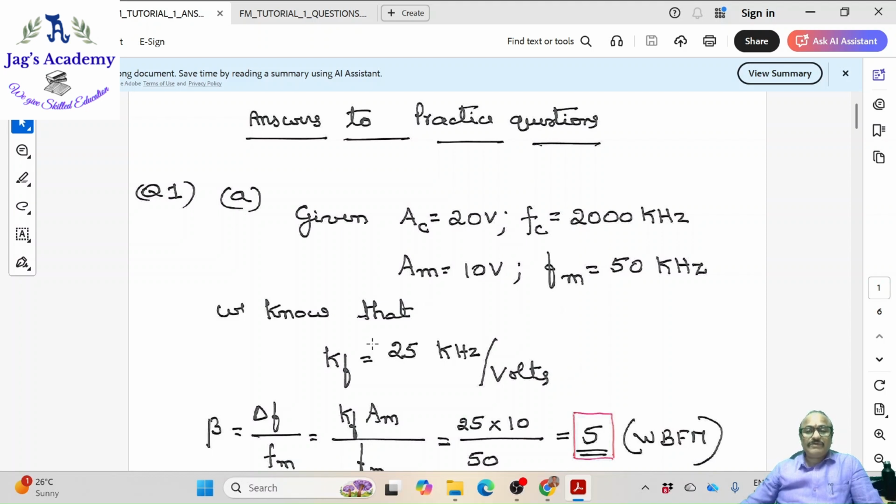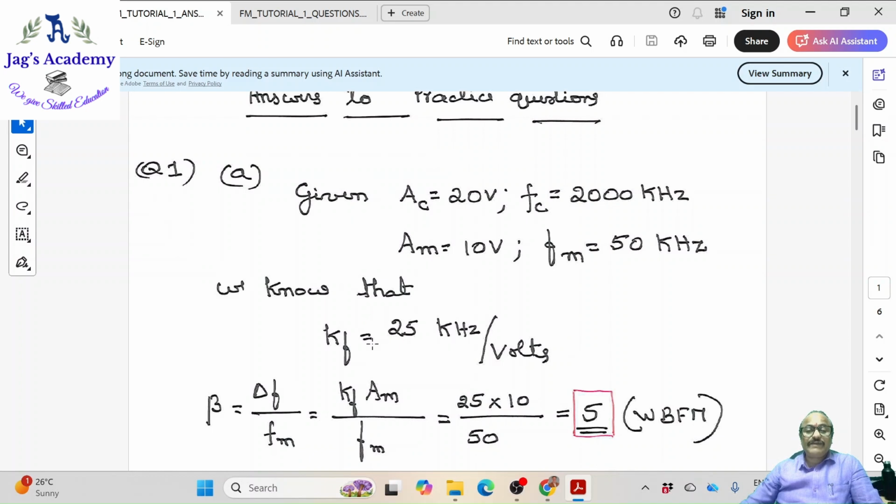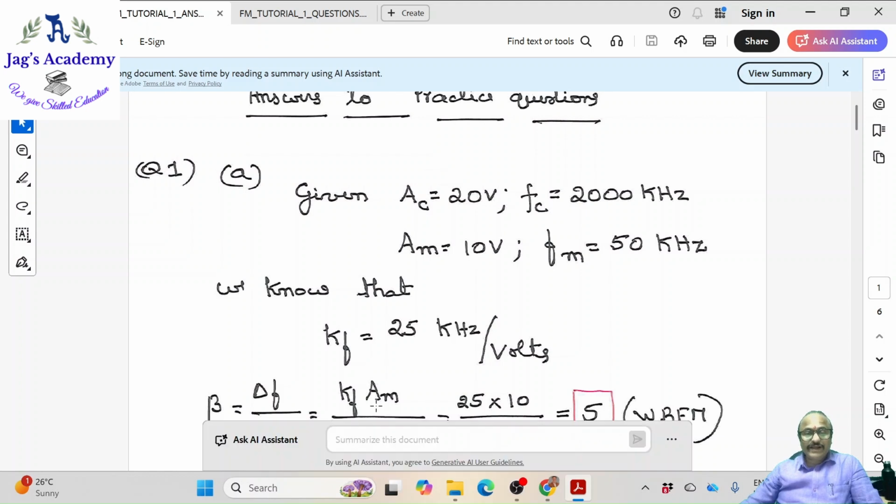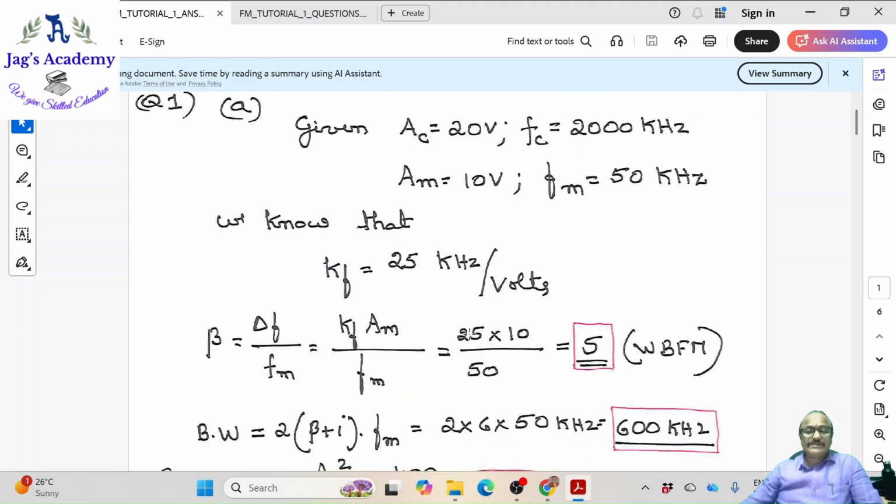Very well you know your delta F is going to be Kf into Am, right? Your delta F, the maximum frequency deviation, is equal to Kf into Am, which is 25 into 10. Beta is delta F divided by Fm.